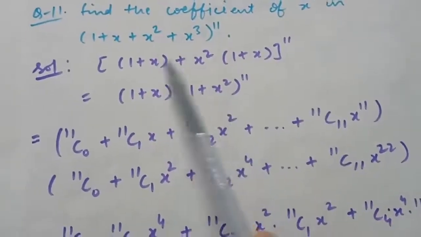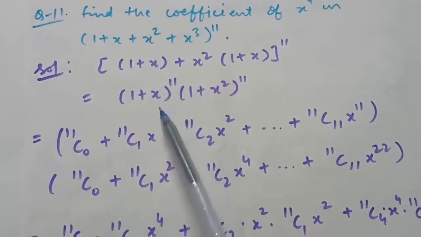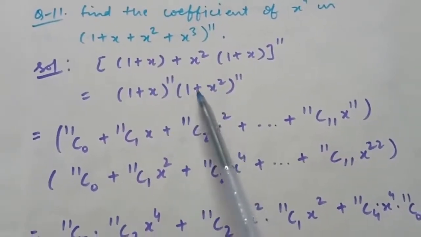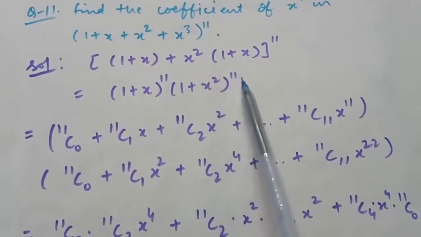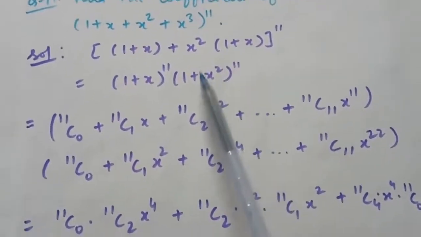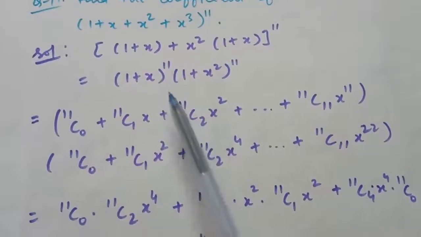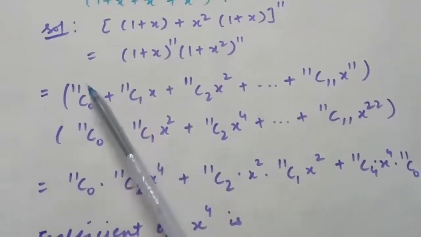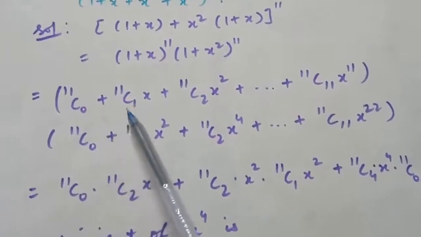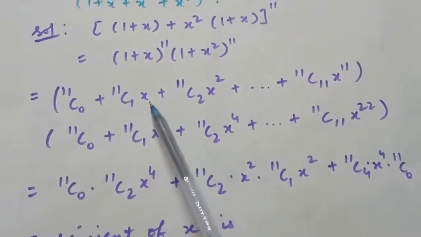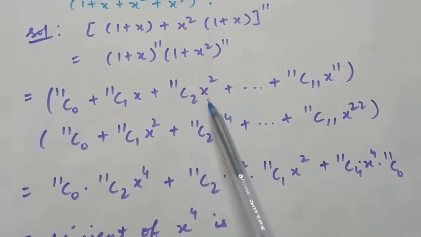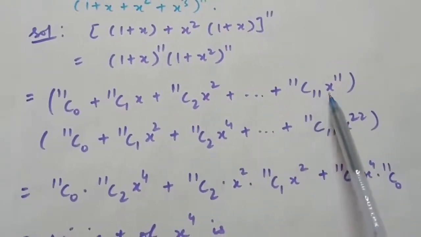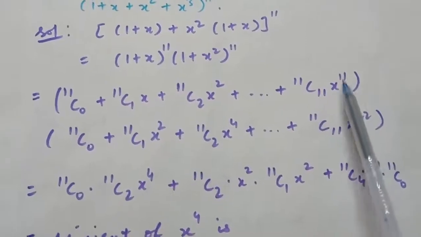Now taking 1 plus x common from these two terms, you will get 1 plus x raised to the power 11 into 1 plus x square raised to the power 11. Now expanding these two by the binomial theorem. So this will be 11c0 plus 11c1 into x plus 11c2 into x square and so on up to 11c11 x raised to the power 11.